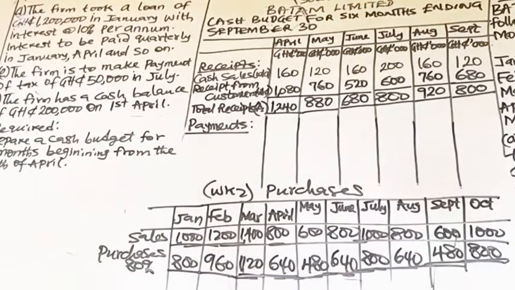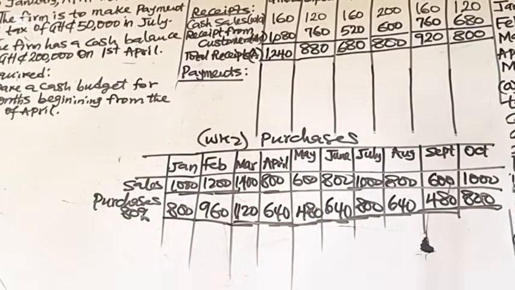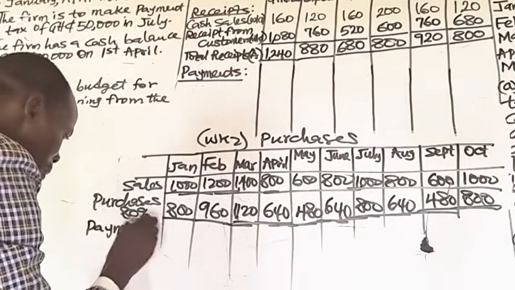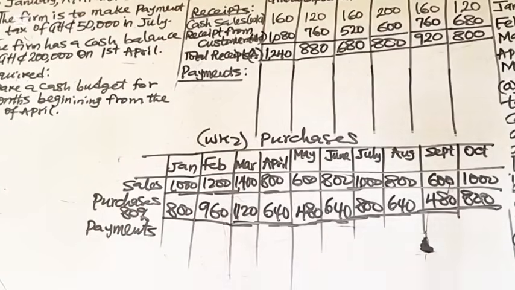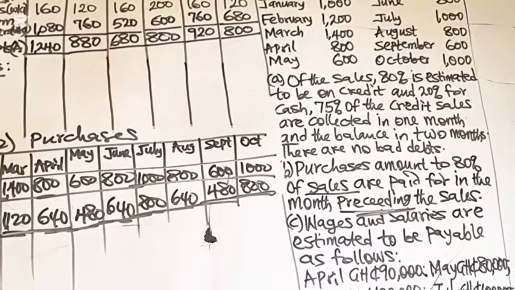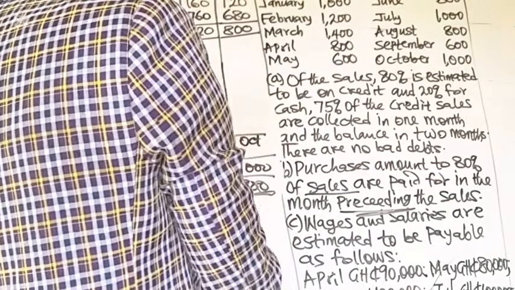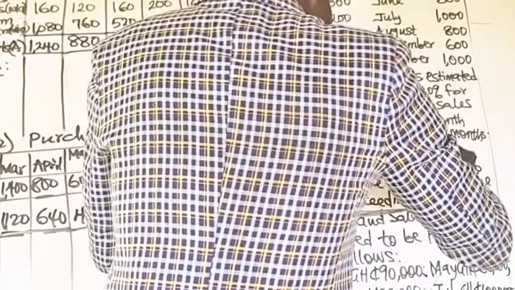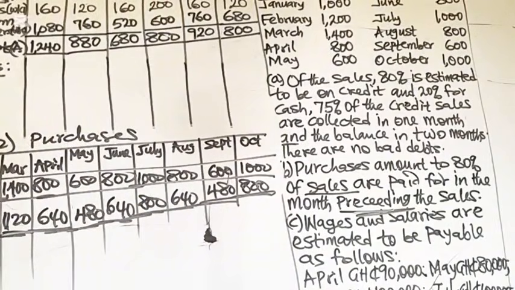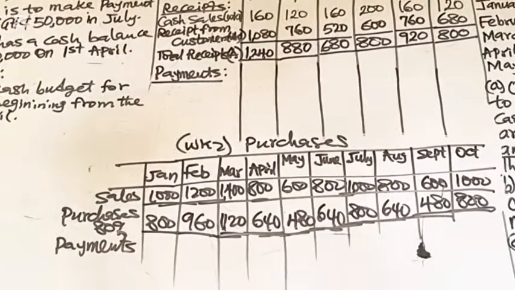Then, when will the payments in respect of these purchases be made? Payments. Now, back to note B. In note B, you were told that purchases amount to 80% of sales, which have been calculated, and are paid for in the month preceding the sales. The month preceding the month of sales is when the payment for purchase will be made.